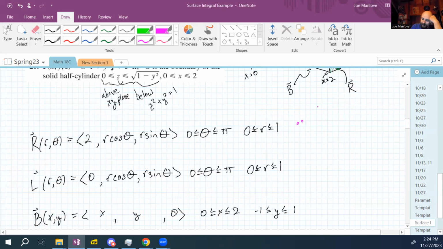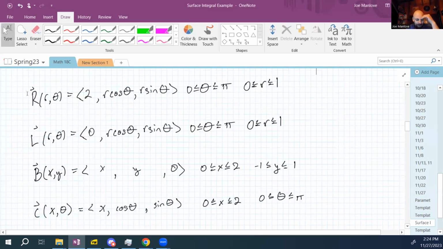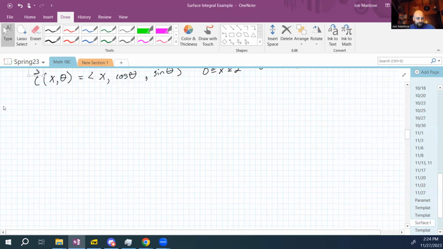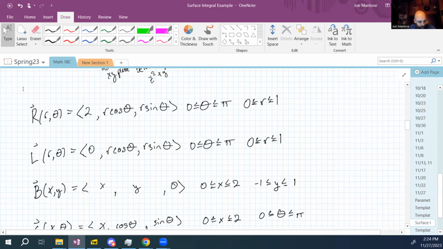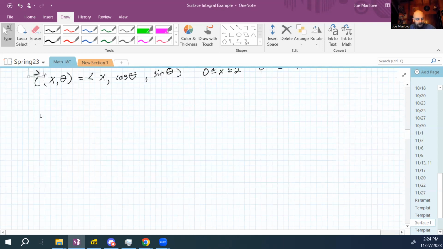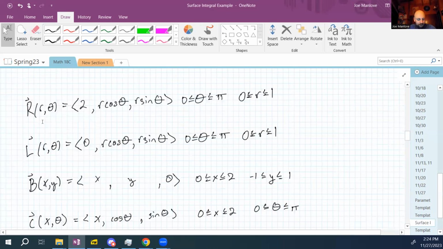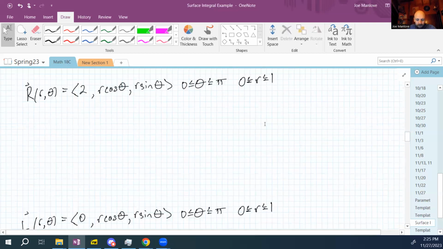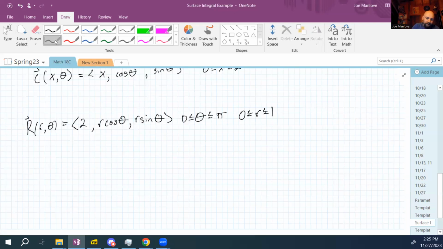So we're going to take the partials here, which are going to be, for organization, let me move this down. I'm just going to grab these fellows here, copy them, I'm going to paste them down, and then I'm going to scoot them apart a little bit. Okay, so for R, so these are for calculating normals.